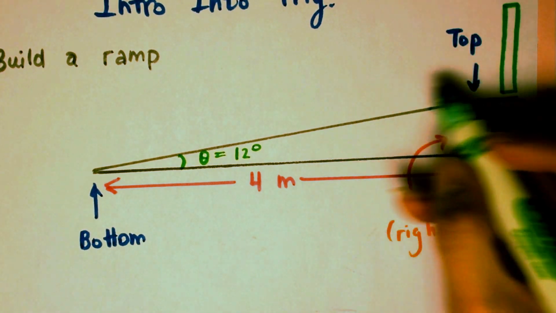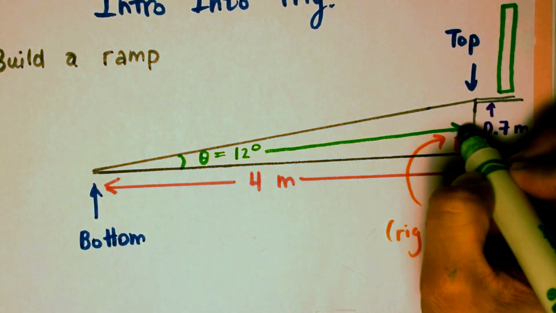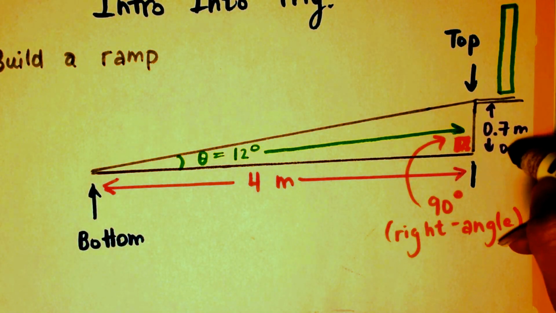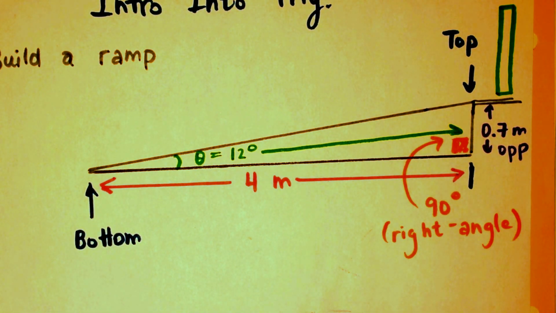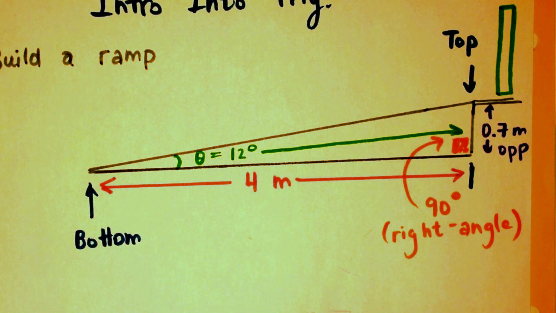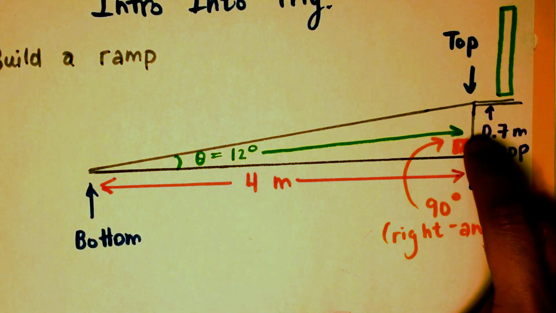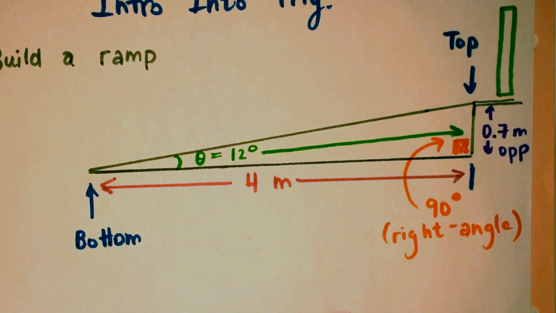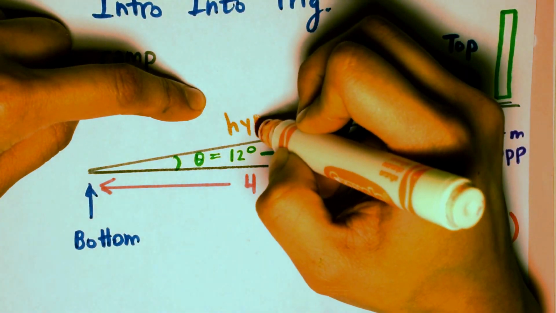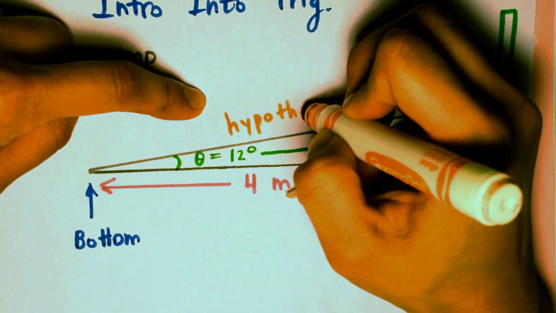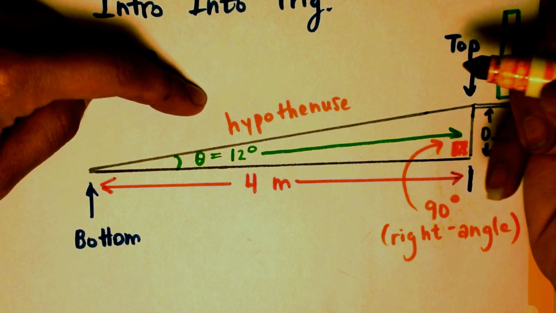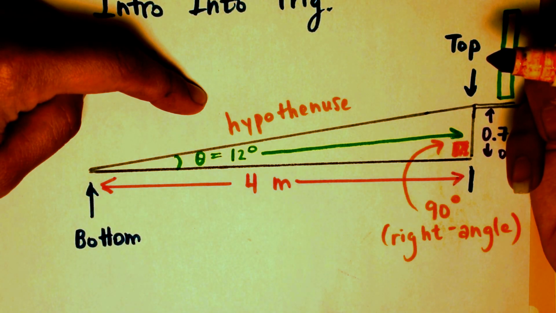Opposite to this angle would be called the opposite, OPP. The longest side of the right angle triangle, which is also opposite to the 90-degree angle, is called the hypotenuse, which is a word that you've heard me use just now. The short form is HYP.